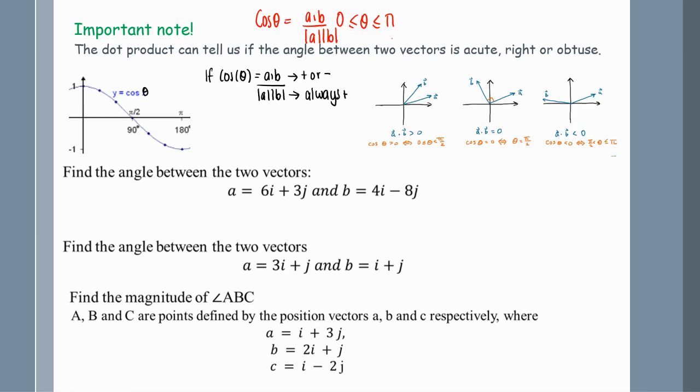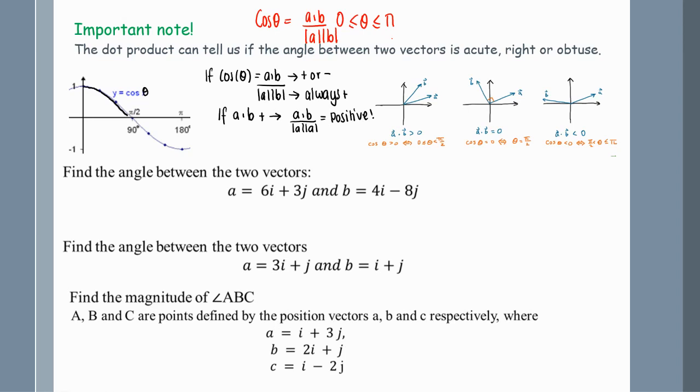A dotted with b can sometimes be positive, it can sometimes be negative, it can even sometimes be 0. Let's look at what happens if a dotted with b is positive. That means cos theta, equal to a dot b over the length of a times the length of b, will also be positive.